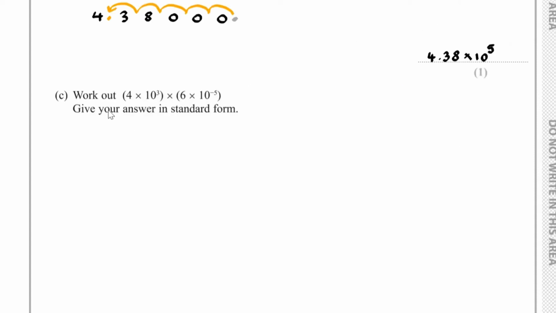For part C of the question, we have to work out 4 times 10 to the 3 times 6 times 10 to the minus 5, give your answer in standard form.